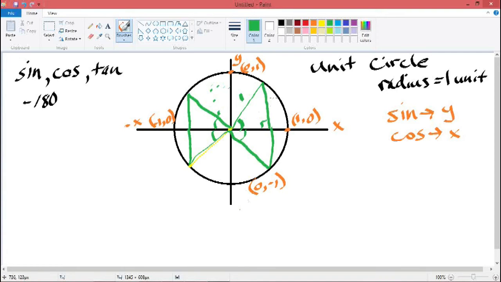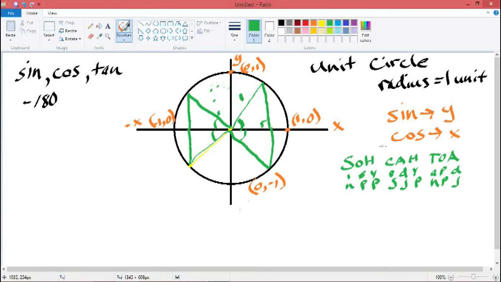So basically, everybody remembers SOHCAHTOA. Sine is opposite over hypotenuse. Cosine is adjacent over hypotenuse. Tangent is opposite over adjacent.